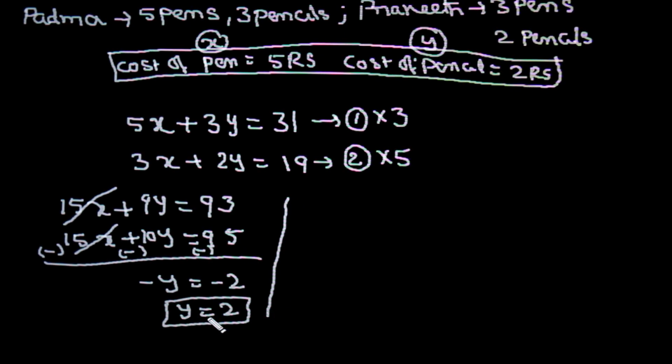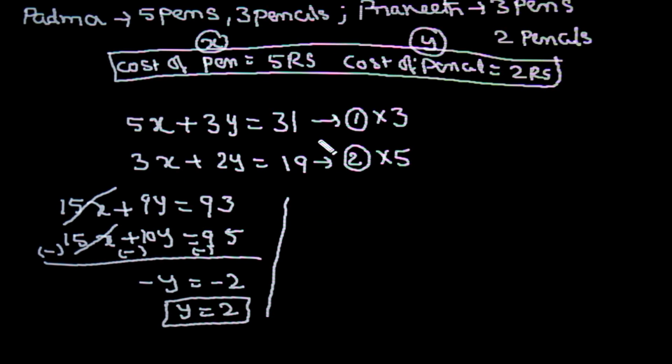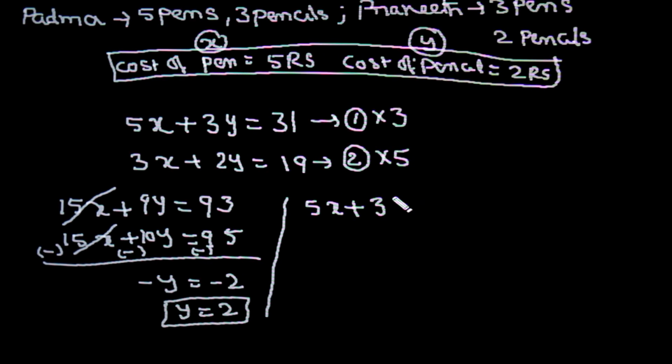Then substitute this value in any one of the four equations and you will get the same answer, which is 5. Take 5x plus 3y is equal to 31.